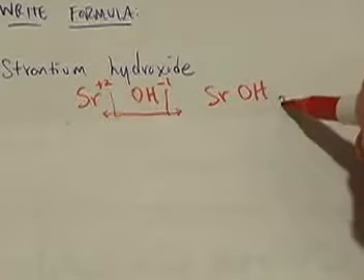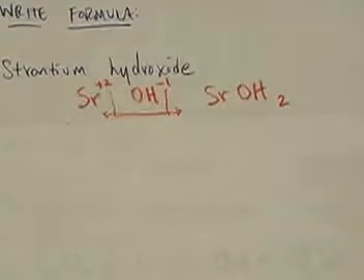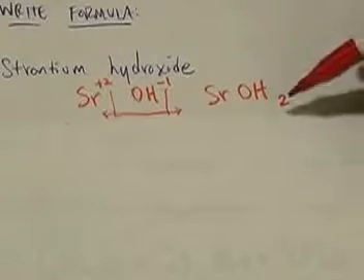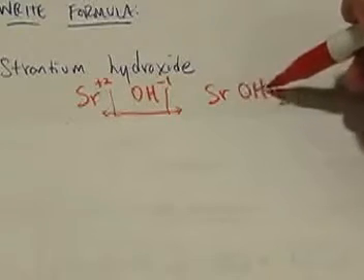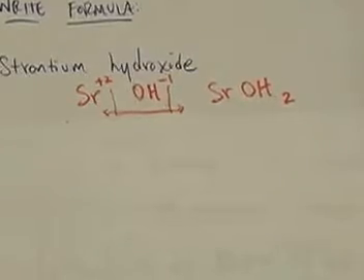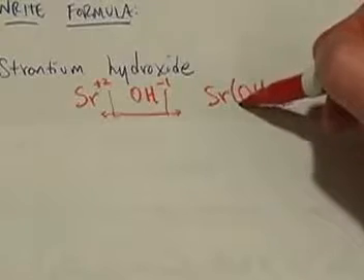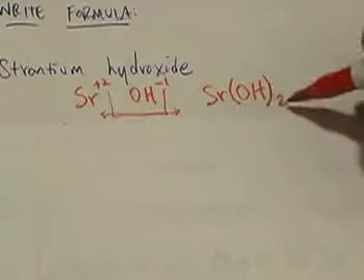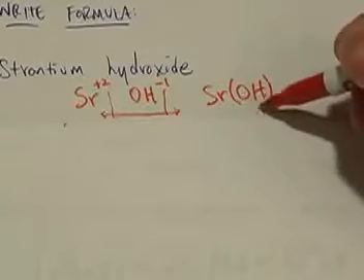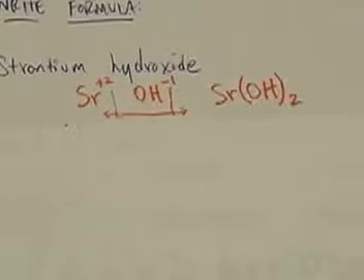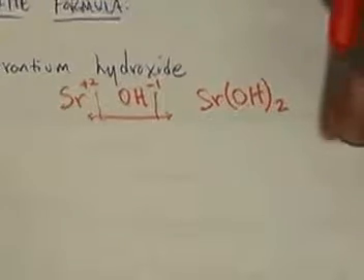If I just put a 2 right here, I'm in trouble because I've only indicated that there are 2 H's. I want to indicate that there are 2 of the entire hydroxide polyatomic ion. So I need to put this into parentheses showing that the 2 speaks to everything inside of those parentheses. This is called strontium hydroxide.